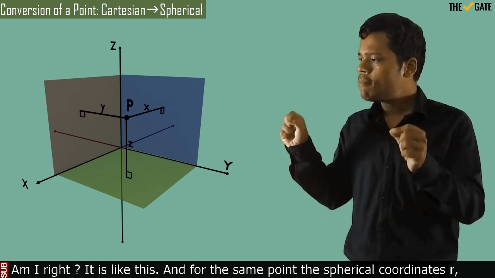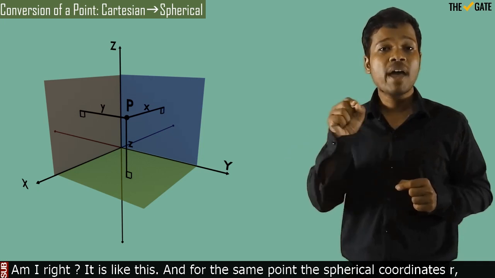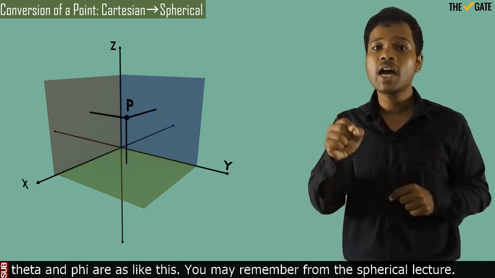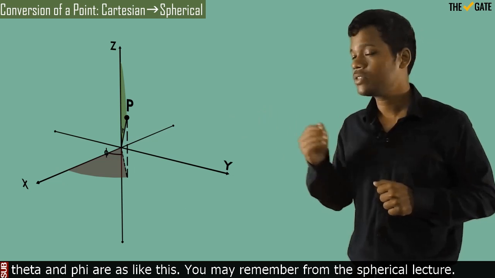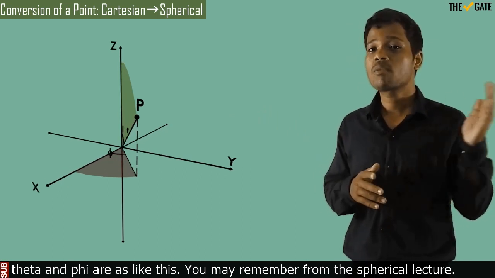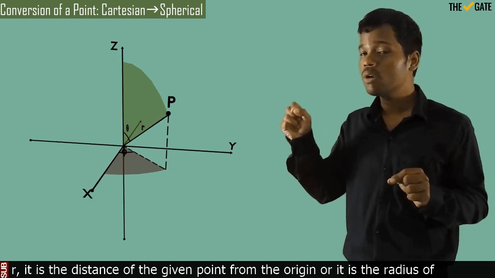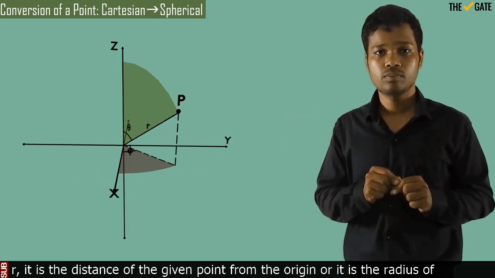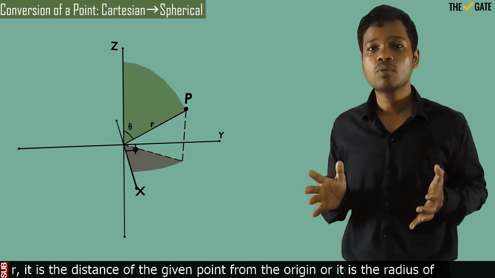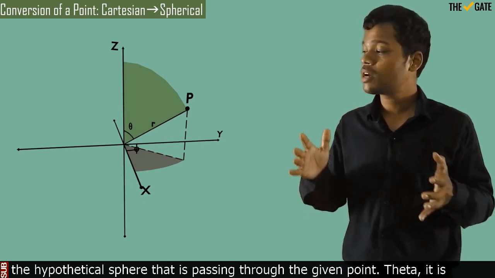And for the same point, the spherical coordinates r, theta and phi are as like this. You may remember from the spherical lecture. R, it is the distance of the given point from the origin, or it is the radius of the hypothetical sphere that is passing through the given point.